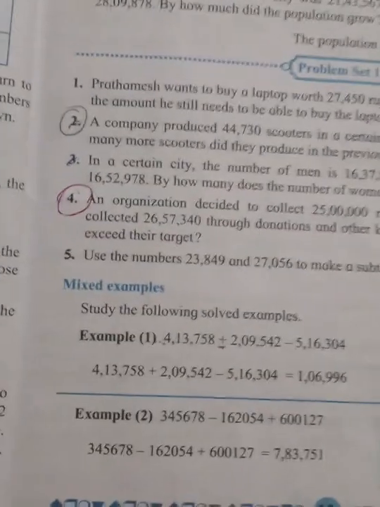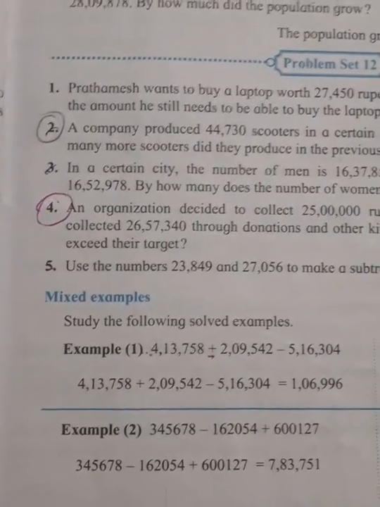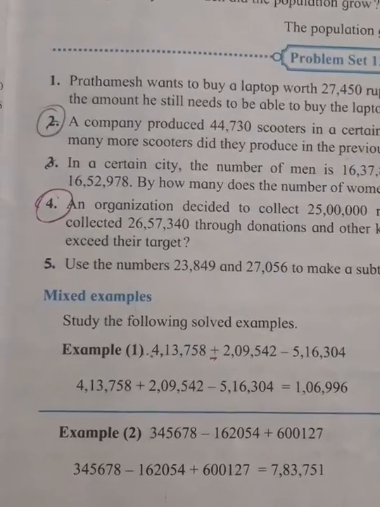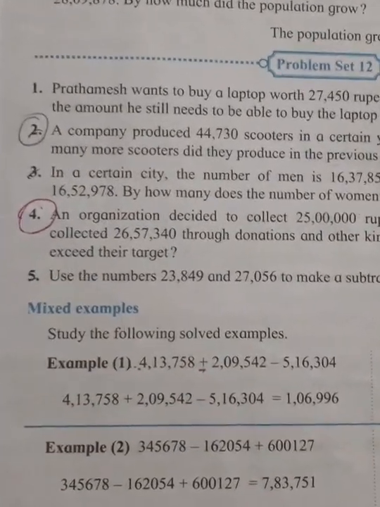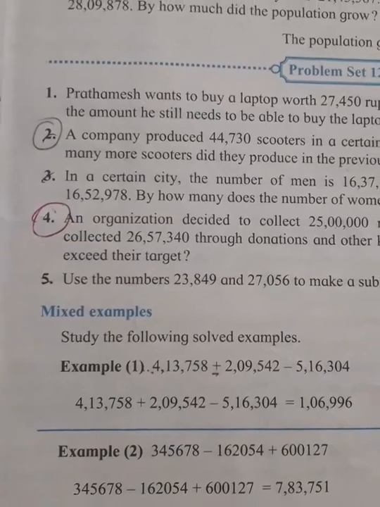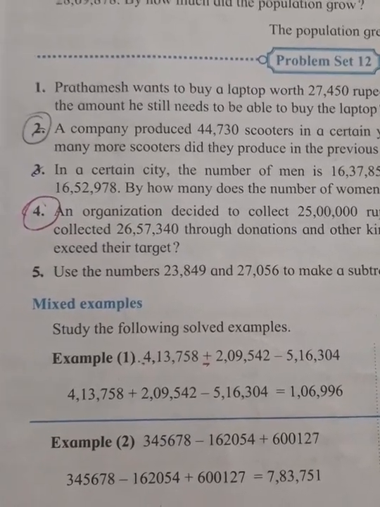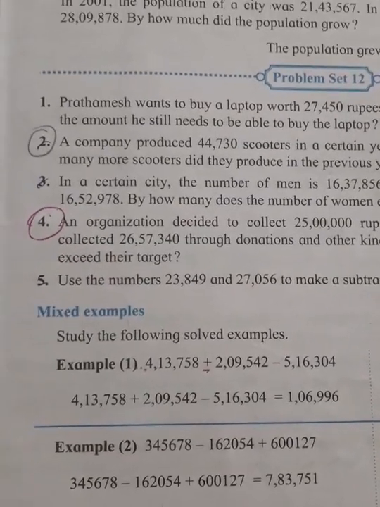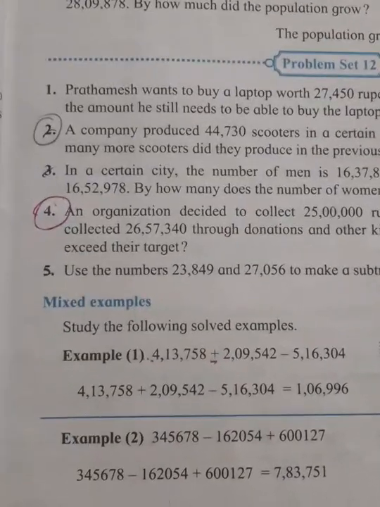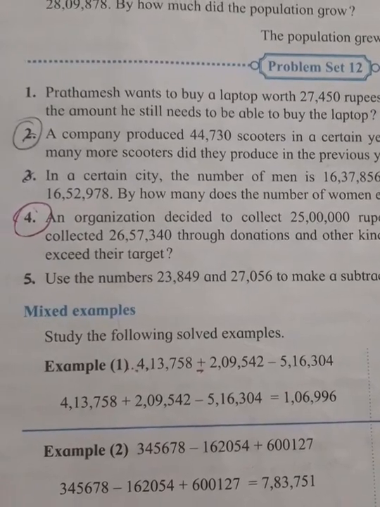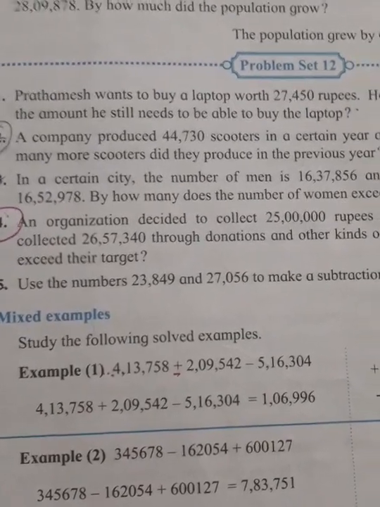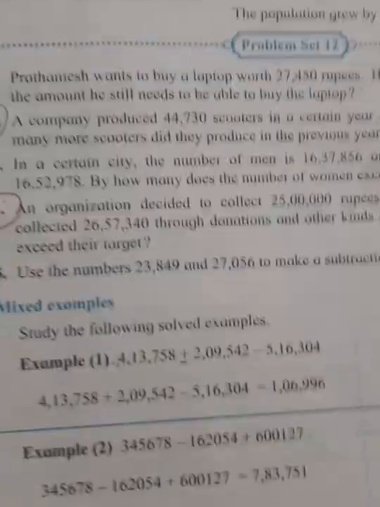So now in this class we are going to see what is meant by a mixed example. If we talk about mixed, that means you will get two or more operations, okay.